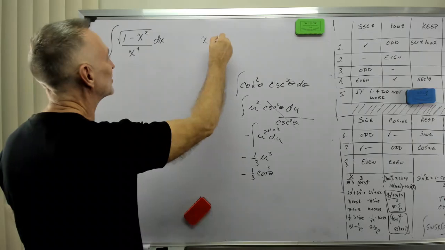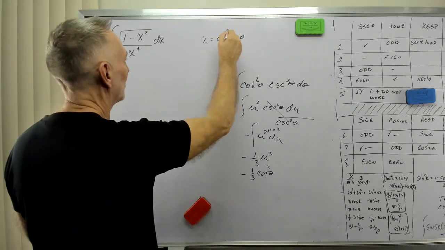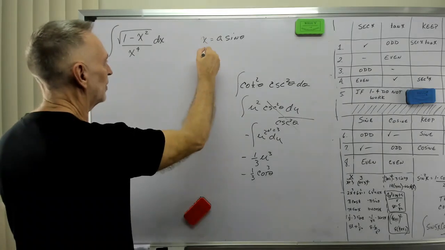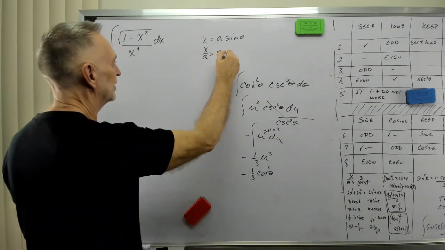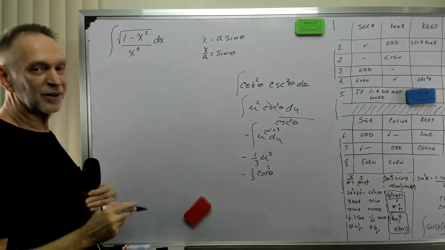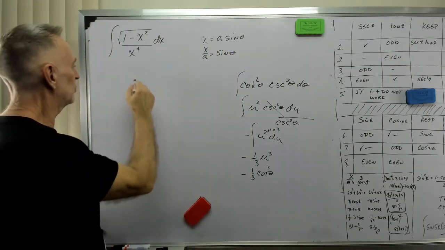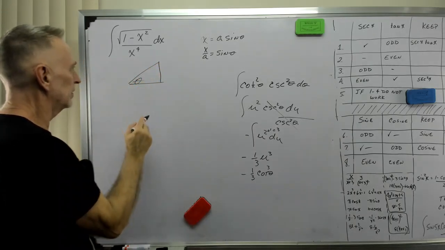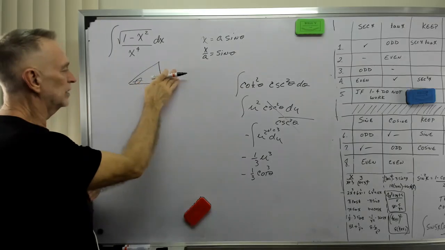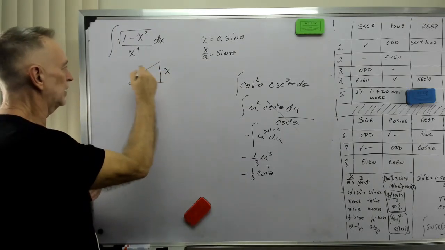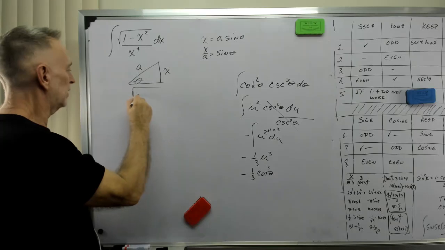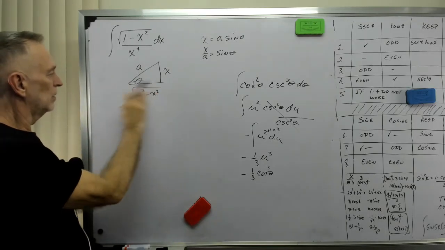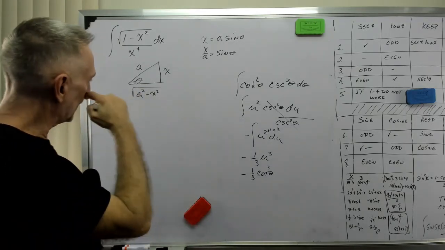We had x equals a sine theta earlier, so x over a equals sine theta. If this is theta, sine is the opposite over hypotenuse, x over a. So that would make this side the square root of a squared minus x squared, the horizontal axis.